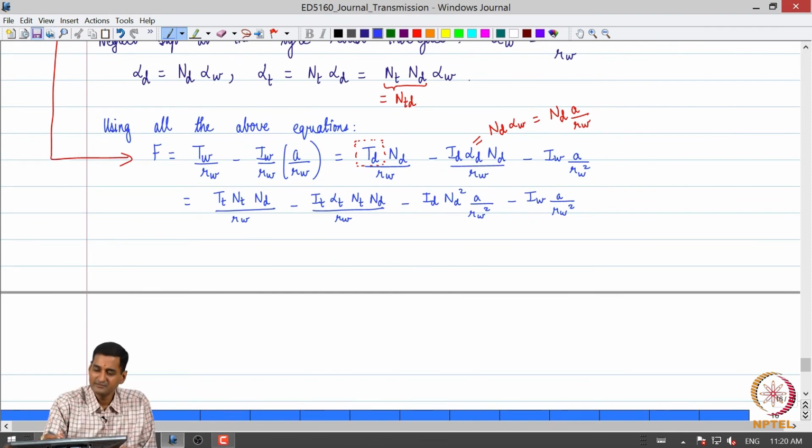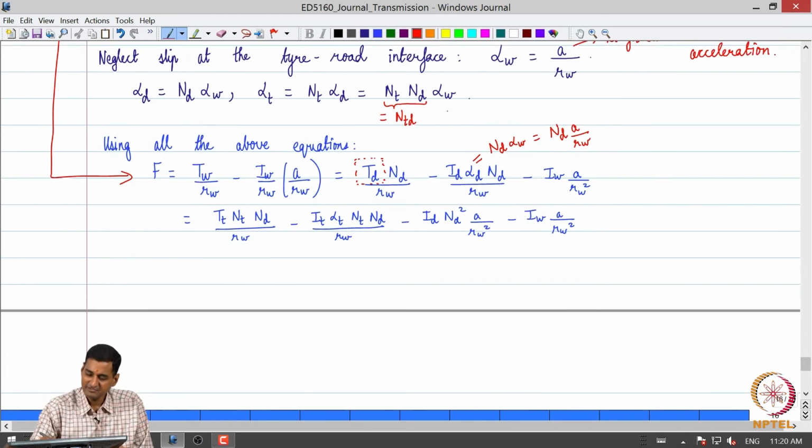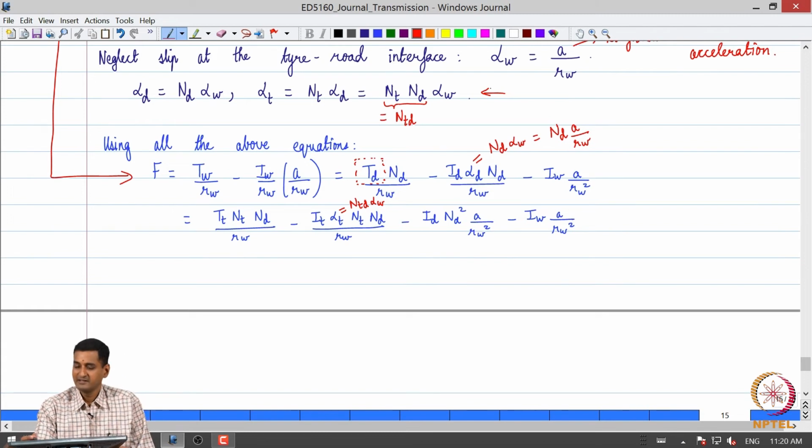Now, what do we do? We essentially simplify further, right. So, we essentially simplify for alpha t. What is alpha t? Alpha t is Ntd alpha w. From where did I get this? From here, right.